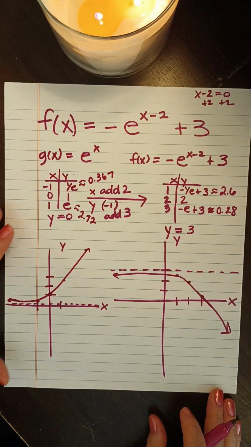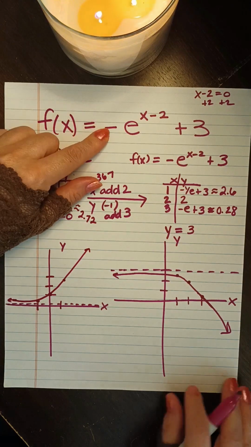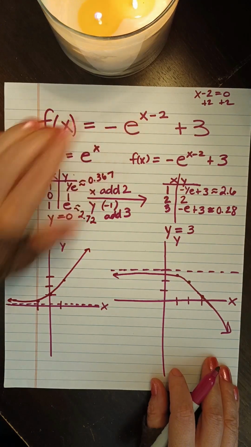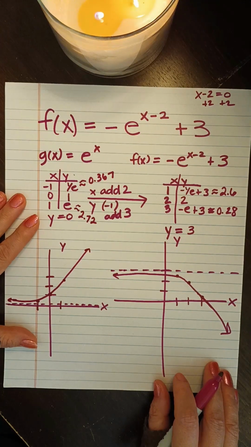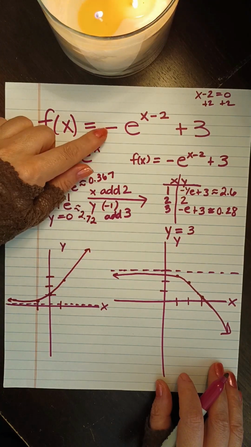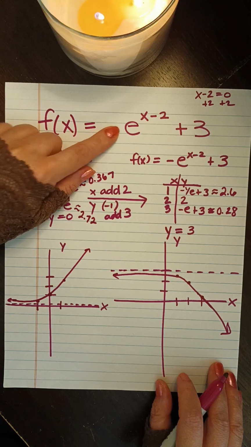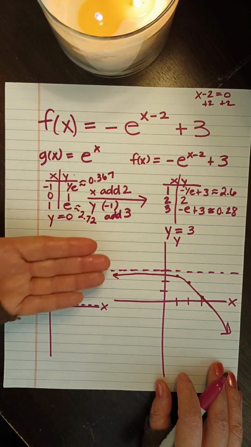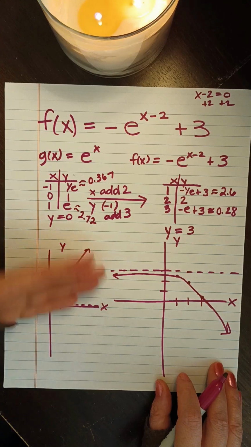Okay, so if you look at this graph, this is where you start from. And it says, well, we shift it right 2, so this graph is going to move 2 units to the right. Okay, and then we're going to do a reflection about the x-axis, right? Because all our y's became negative. So we're taking the graph and reflecting it about the x-axis, and you can see that here.